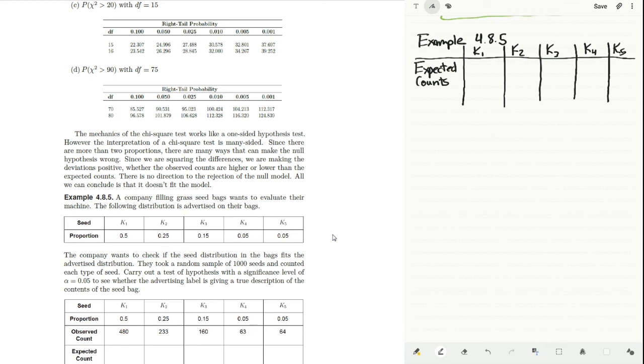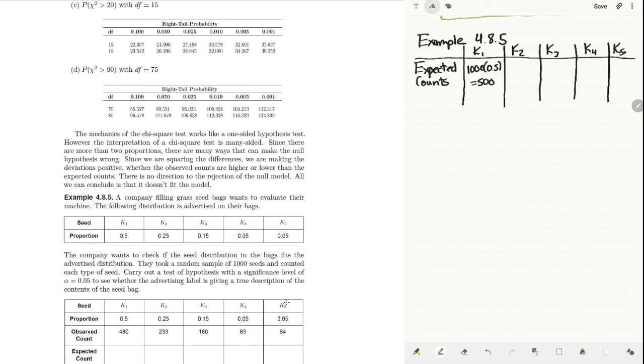So let's first determine the expected counts for each of the seeds. To find the expected counts, we take the sample size and multiply it by the predicted proportions from our model. So the expected count for seed 1 is 1,000 times 0.5, which is 500.